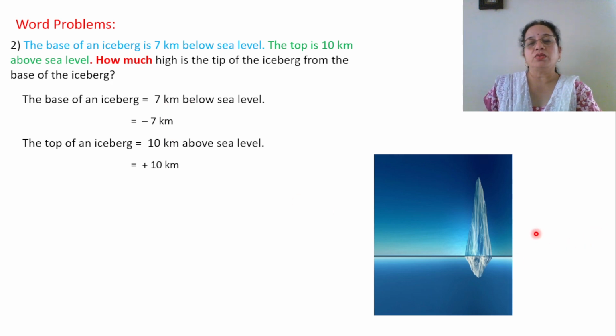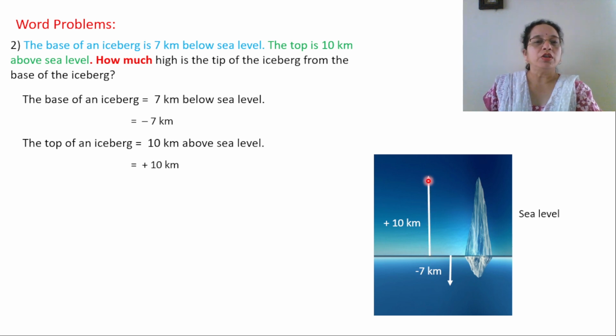Now look at the question. This is the iceberg, this is minus 7, this is the sea level, and this is plus 10 because this is above the sea level.